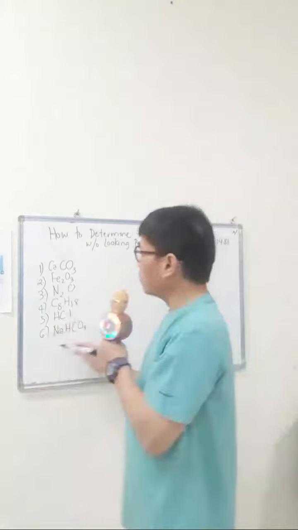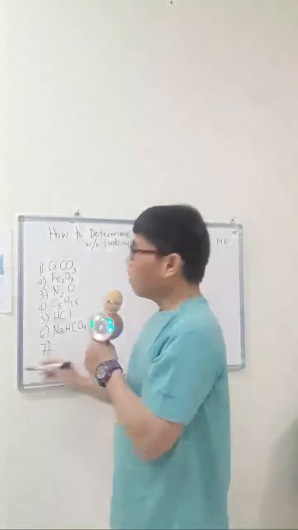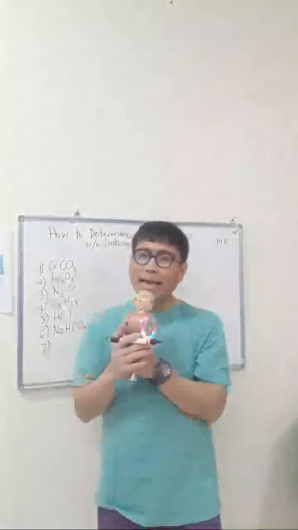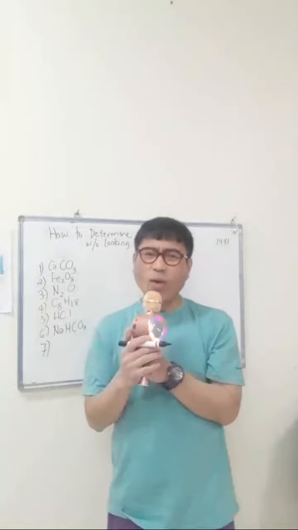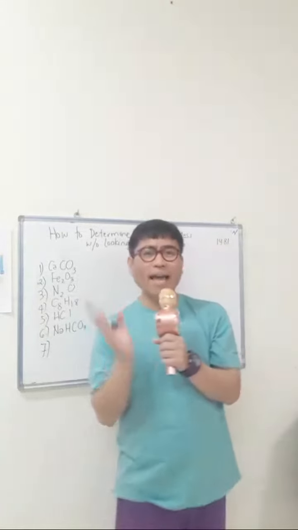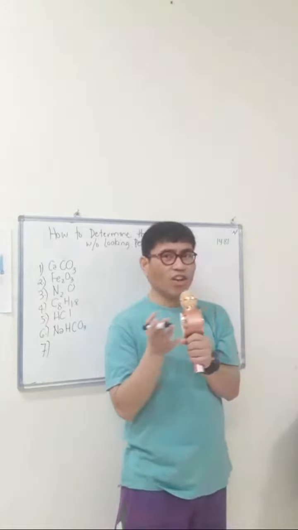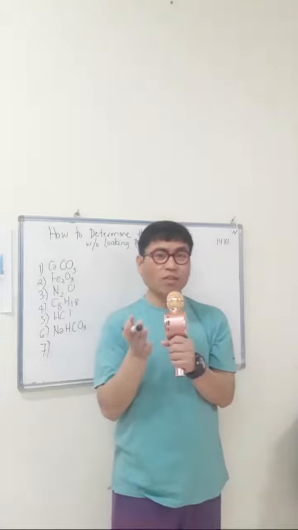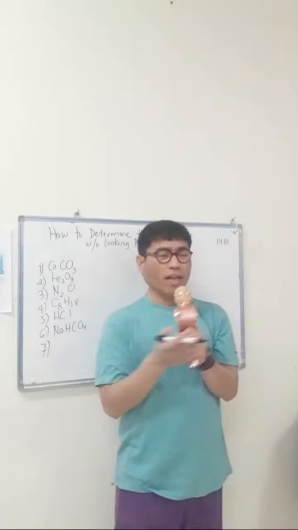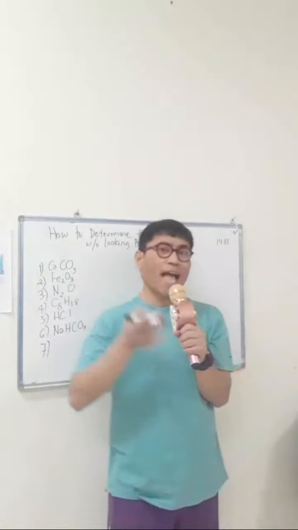Okay? Number seven, I have to say malic acid. What is malic acid? Malic acid is an organic acid that makes the taste of fruits, specifically citrus fruits, sour. S-O-U-R, sour.